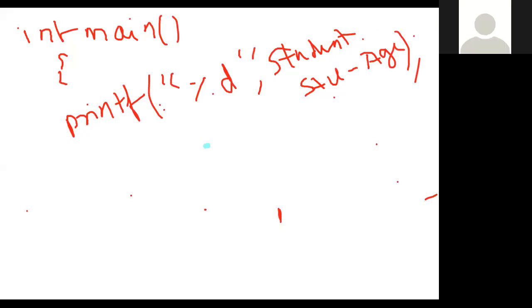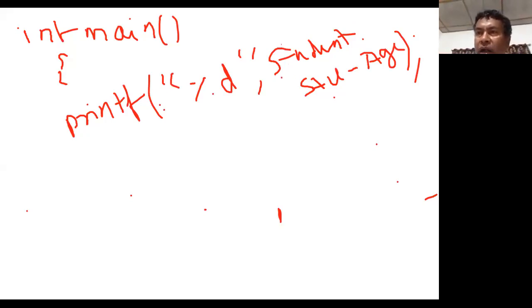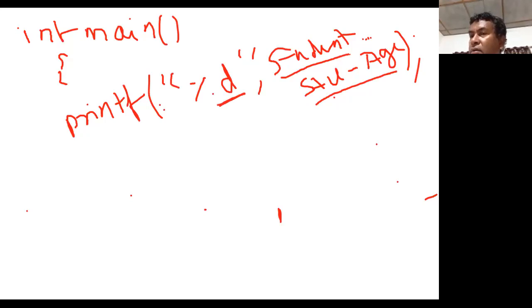Similarly, printf, go for the next parameter, percentage d, that is student ID. Means you have to change this. Student will be common for all because all are under student. So you have to change the parameter only. Dot is required. Then student ID. Because age and ID are both integers, that's why I'm putting d. And when you are looking for name, then what to do?